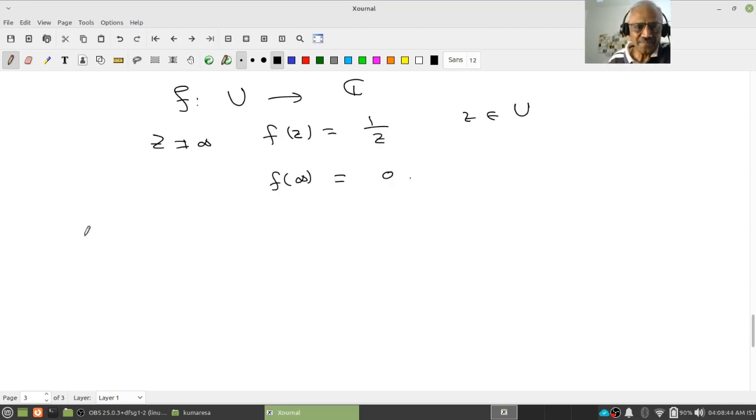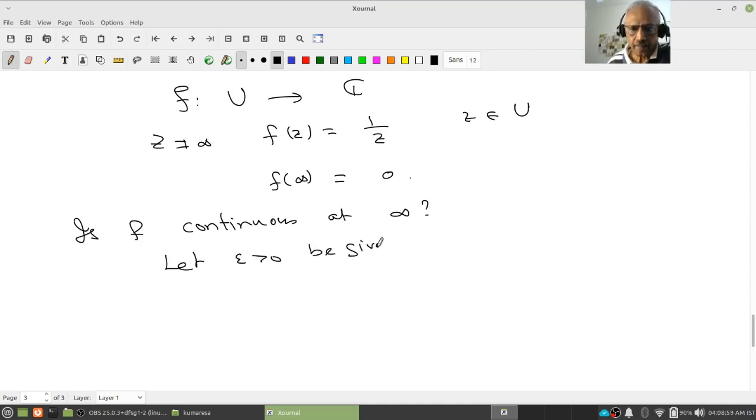So we want to claim f is continuous at infinity. So let epsilon be given. Then what do I want? I want to find some n so that something happens, but let's look at the estimate.